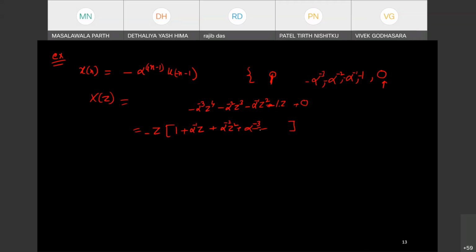Alpha to the power minus 3, z to the power minus 3. Is it correct? If I start with alpha to the power n minus 1, then you will see this is minus z, and this will be 1 upon 1 minus alpha to the power minus 1 into z.